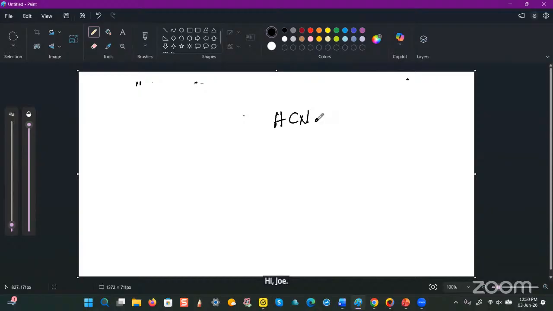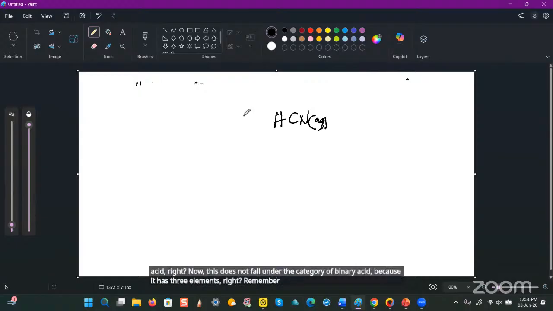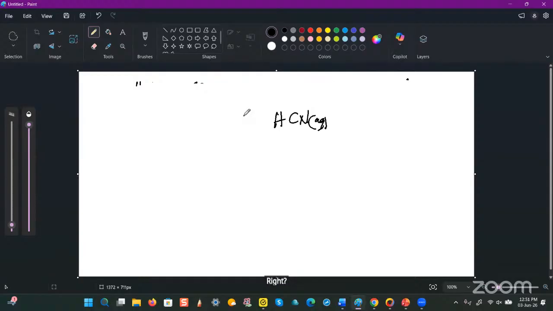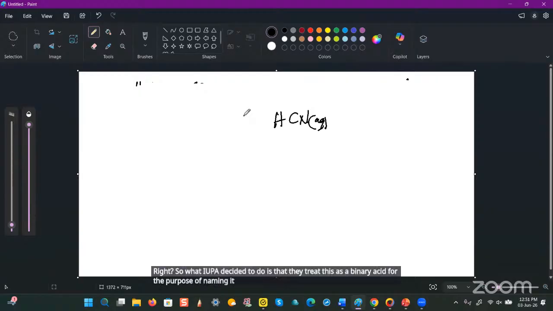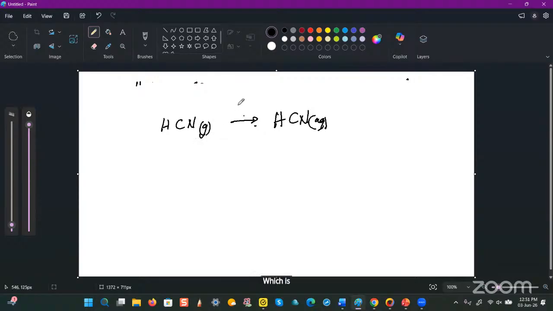That particular acid is hydrocyanic acid. This does not fall under the category of binary acid because it has 3 elements, and remember, binary acids only contain 2. It does not fall under the category of oxyacid because it has no oxygen. So what IUPAC decided to do is to treat this as a binary acid for the purpose of naming it. You can get this acid by dissolving hydrogen cyanide, which is a very toxic gas, in water.